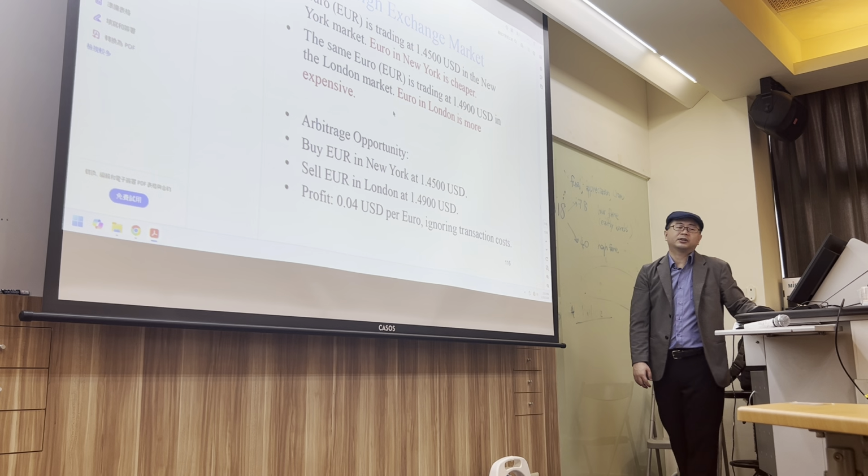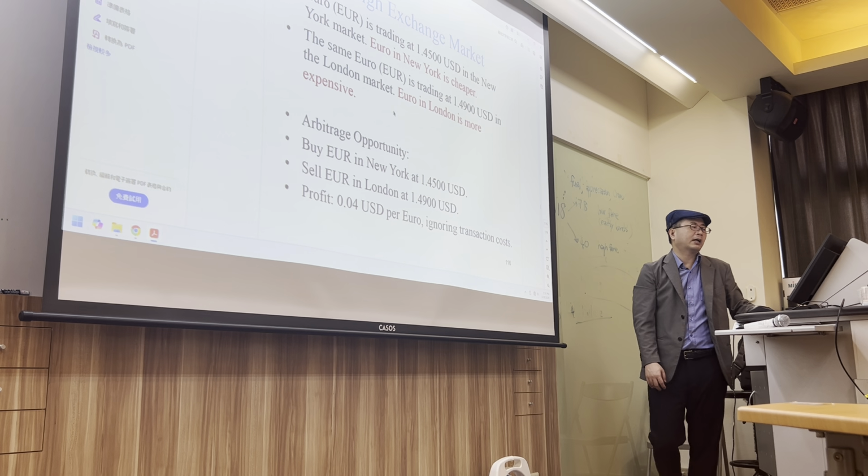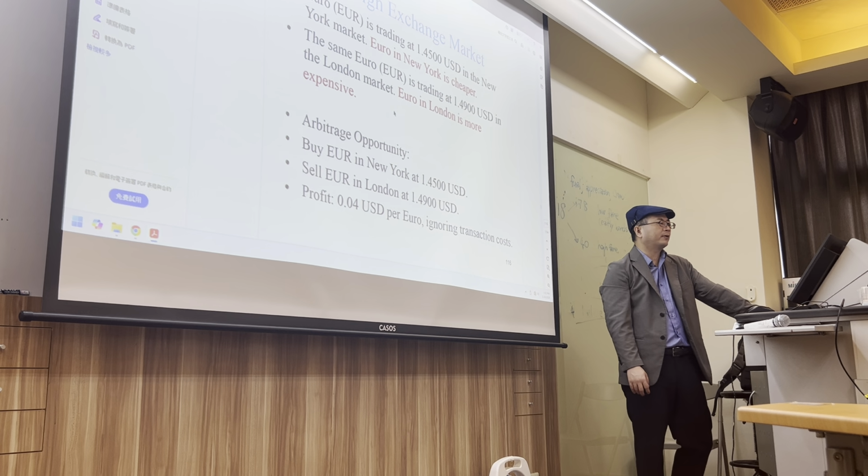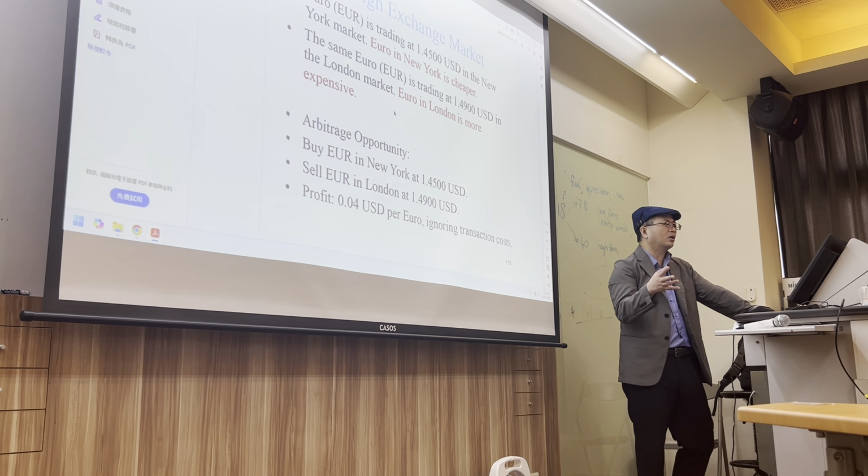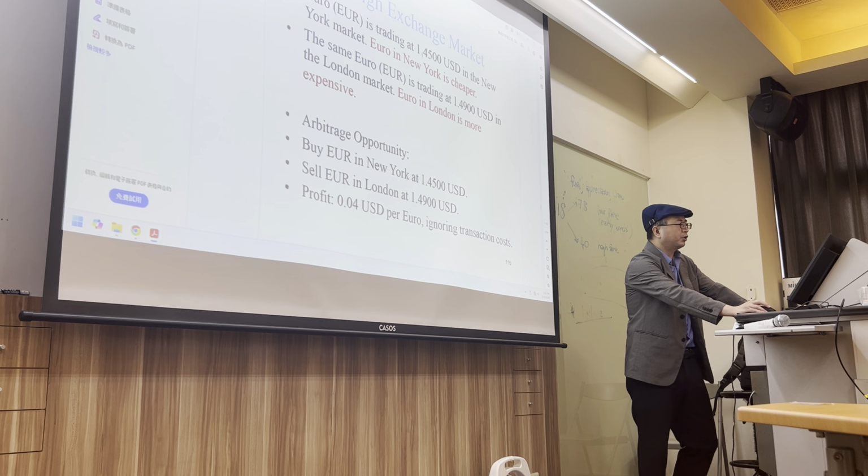Let's say the euro right now is trading at 1.45 US dollars in the New York market, and the same euro is trading at 1.49 USD in the London market. When you compare these two numbers, which one is higher?